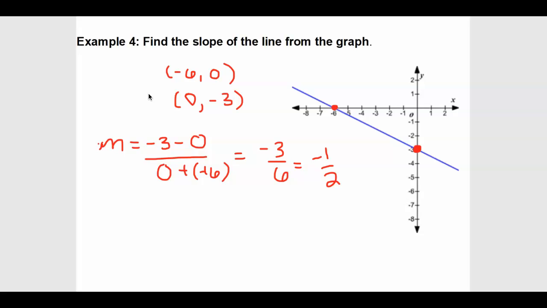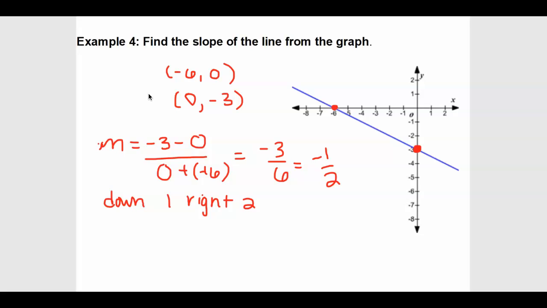Which means my graph is going down 1 and right 2. So as we go through the lessons, we're going to start saying down 1, right 2, instead of using the words over, we'd say down or right and left. Could also go up, but this line is going down, so it is down.